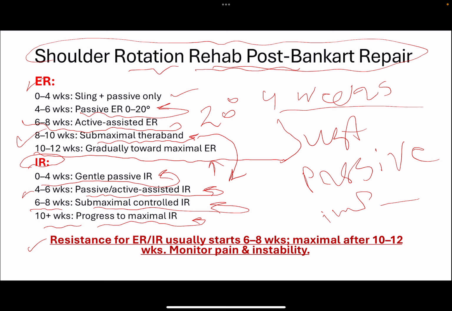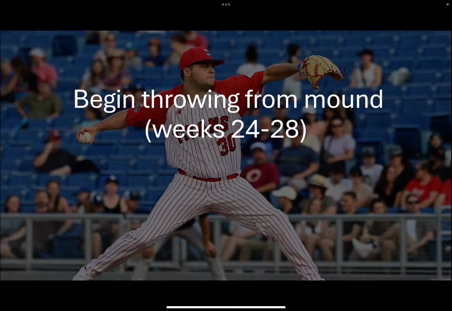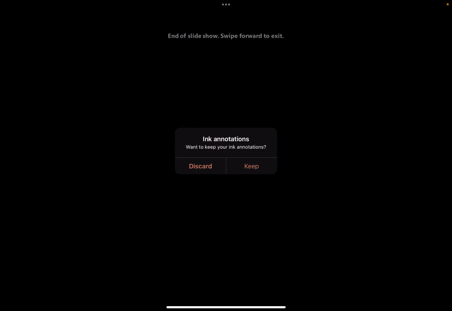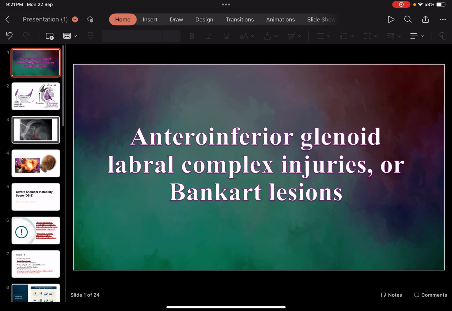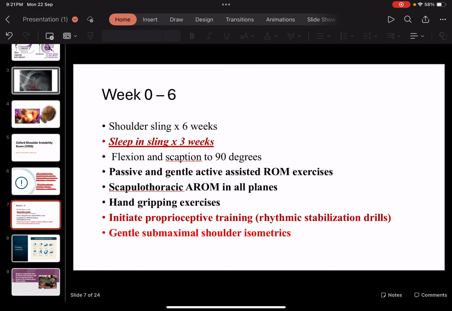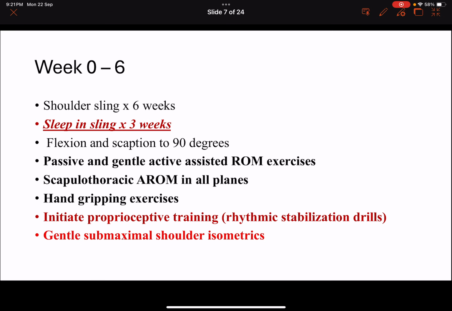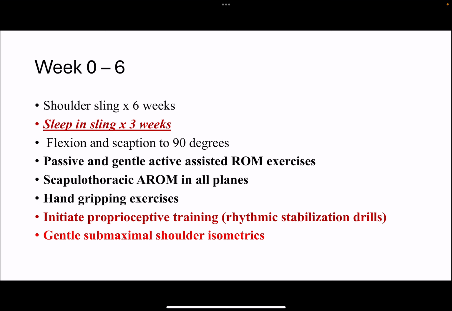Finally, resistance for external and internal rotation usually starts from 6 to 8 weeks, maximal after 10 to 12 weeks, but monitor pain and instability.